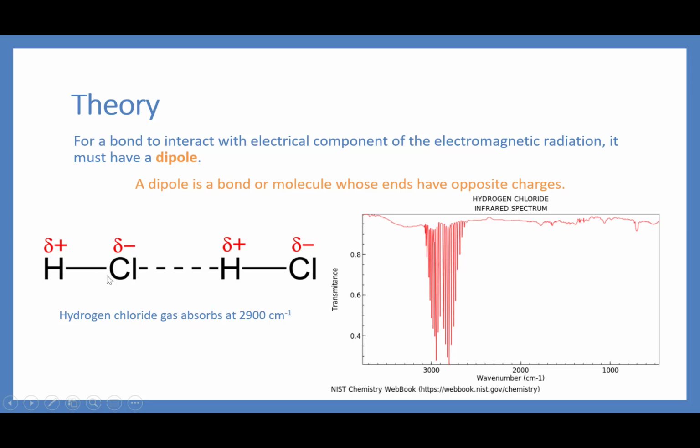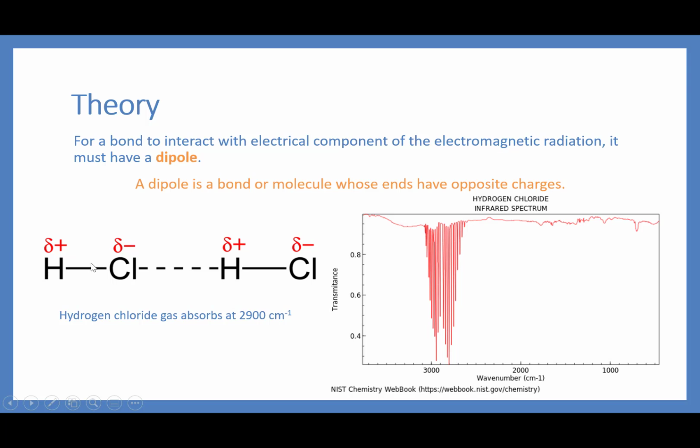So if you think this is a bond here, and there are electrons in amongst here, the chlorine is going to pull those electrons closer to itself. Electrons being negatively charged are going to cause this region of the molecule to be more negatively charged. And we indicate that with this symbol. So delta negative indicating a slightly negative charge here.